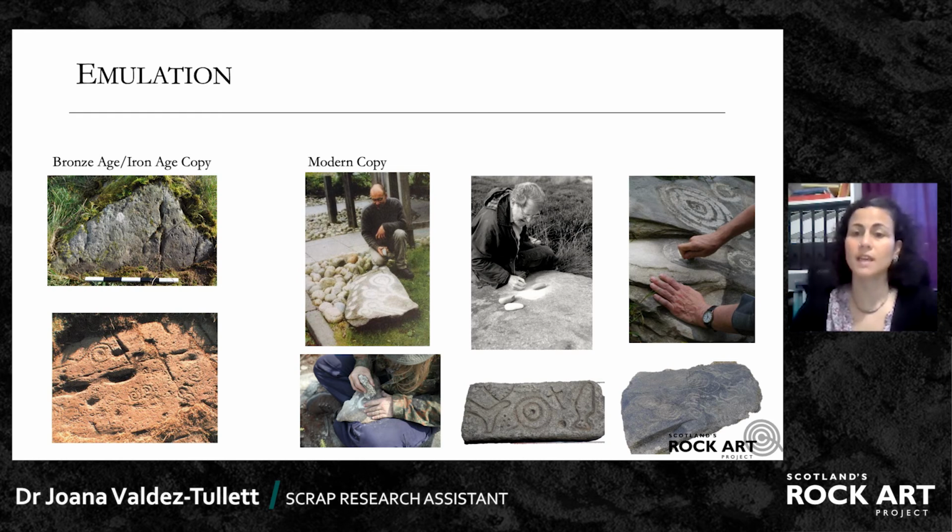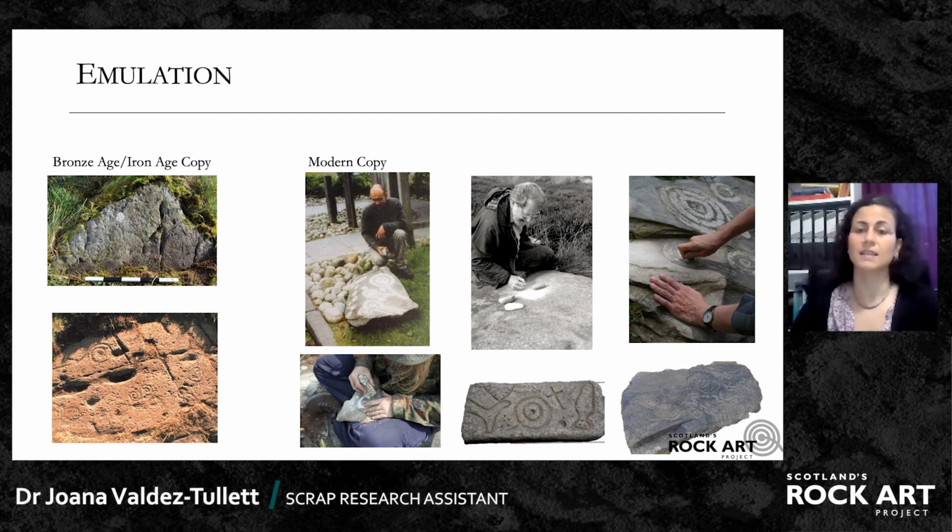So the coherent and uniform character of Atlantic rock art suggests that some degree of instruction was involved in the process of replication of the carvings. And this idea is really striking when we look at motifs such as the ones I have just mentioned, but also when we compare them with later copies and how different the final results are.